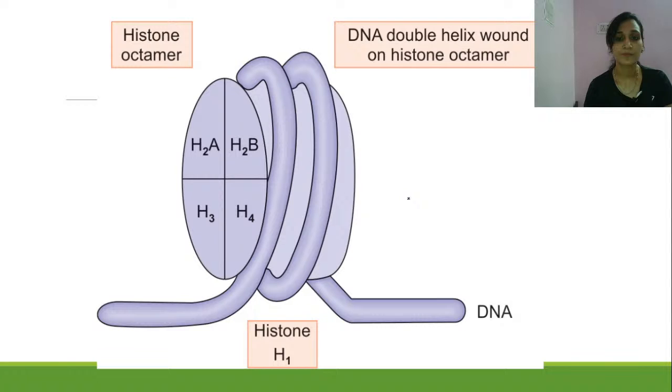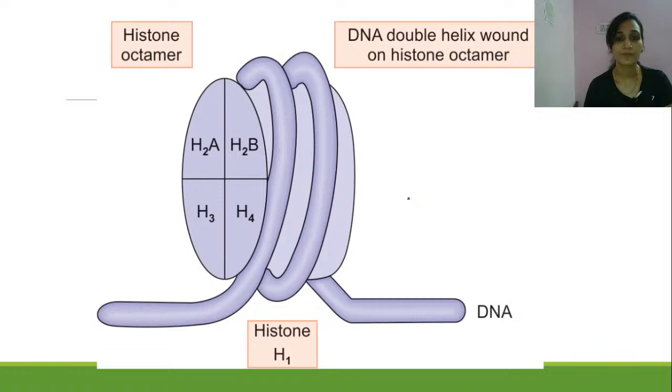And this turn is 1.75 turns. And how many base pairs are there in this? Approximately 145. And what is the length of linker DNA? That is 30. Here the histone H1 is in the monomeric form, and here the others are present in the dimeric form.